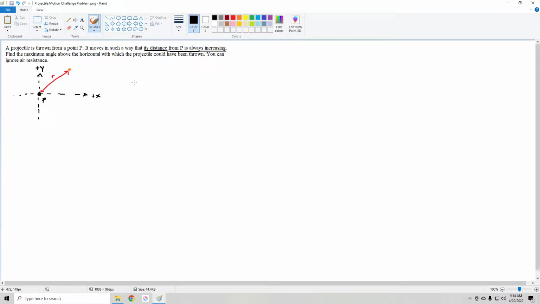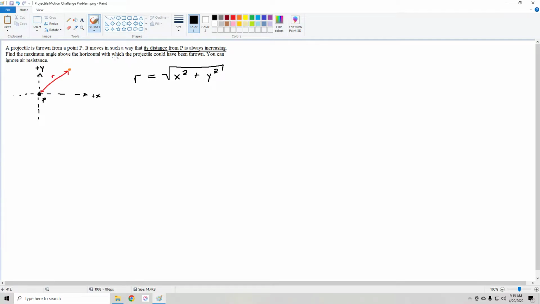Let's recall a familiar formula from, I'd say, pre-calculus. We know that the distance between 2 points in 2 dimensions is given by the square root of x squared plus y squared. You probably know this from the Pythagorean theorem. Same thing.